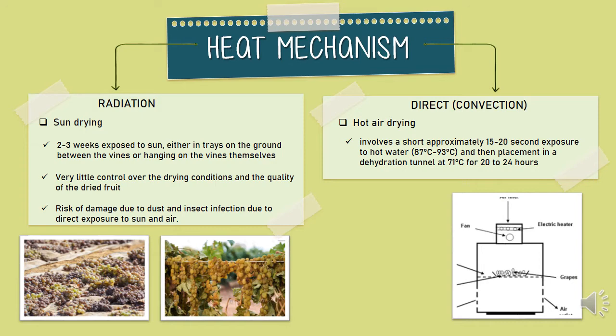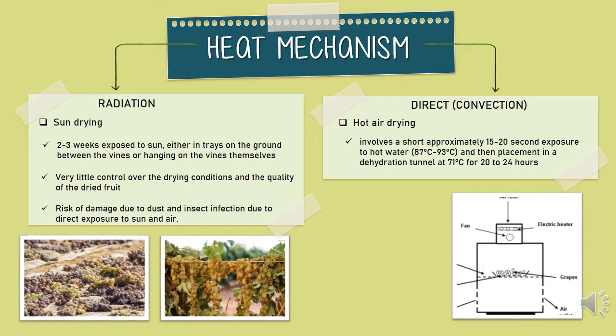However, this method has a risk, which is that the processor cannot control the drying condition and the quality of the dried product since the grapes are directly exposed to the sun and air. It also increases the damage due to dust and insect infestation for the same reason.